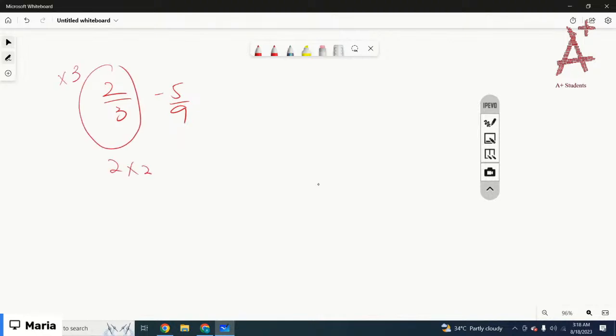It would be 2 times 3 divided by 3 times 3. So 2 times 3 is 6 and 3 times 3 is 9, right? So it would be 6 over 9 minus 5 over 9. They now have like denominators. Just subtract the numerators. 6 minus 5 is 1. It would be 1 over 9. The correct option is 1 over 9.